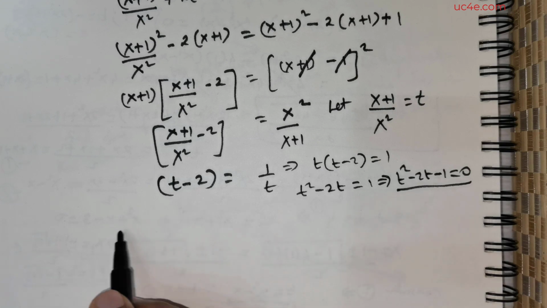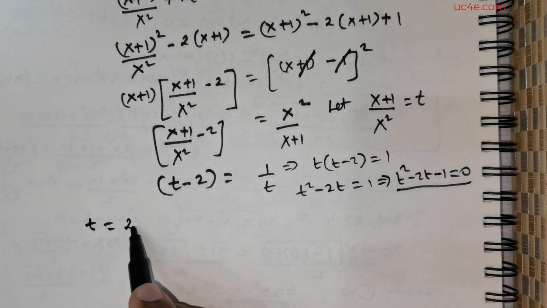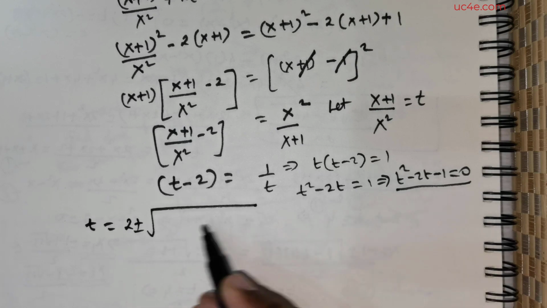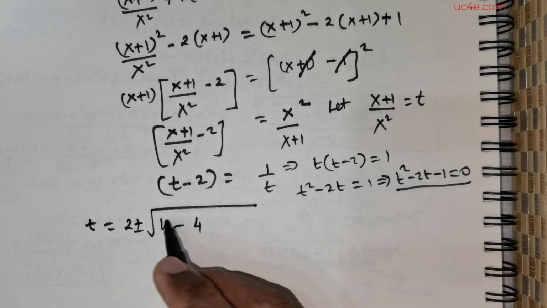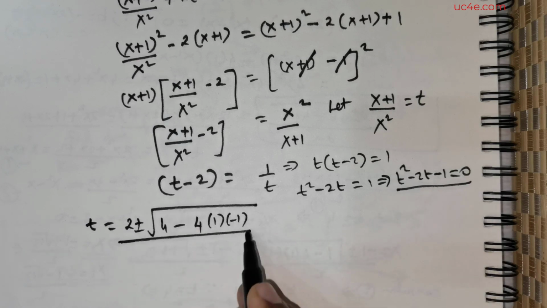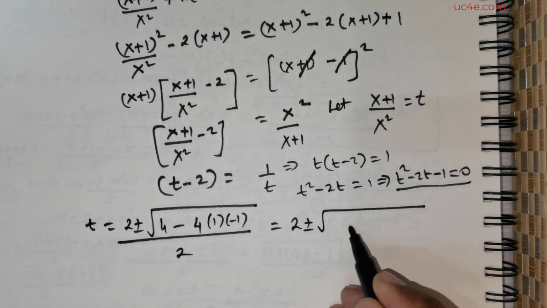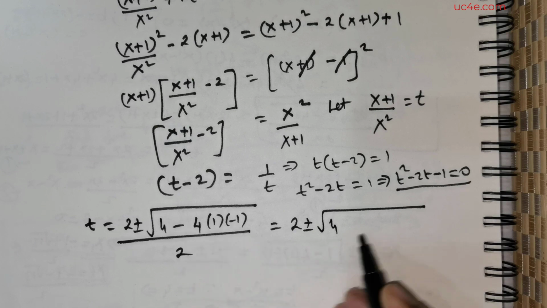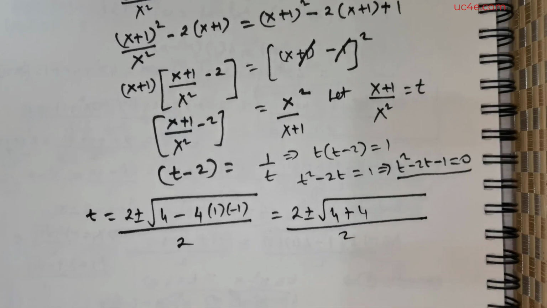Now if I were to simplify this for t, I would get 2 ± √(4 - 4ac), with c being -1, divided by 2, which is going to be 2 ± √(4 + 4) divided by 2.